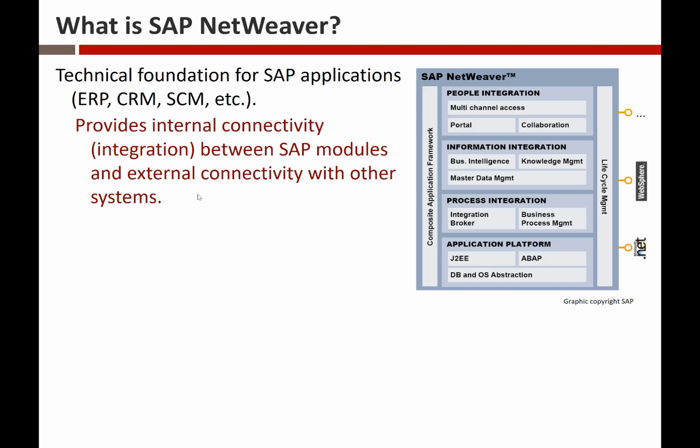Then, as you install the various SAP programs you're going to run, ERP, CRM, SCM, or whatever have you, you install that on top of NetWeaver, and NetWeaver then inherently enables those programs to communicate and interconnect with one another.